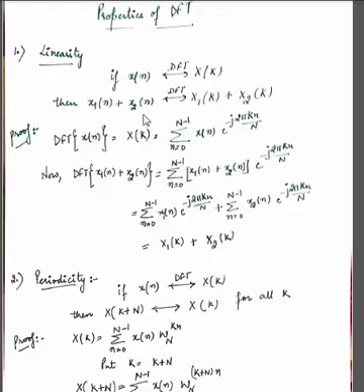So it's proved: hence proved, x1(n) plus x2(n) DFT is X1(k) plus X2(k).